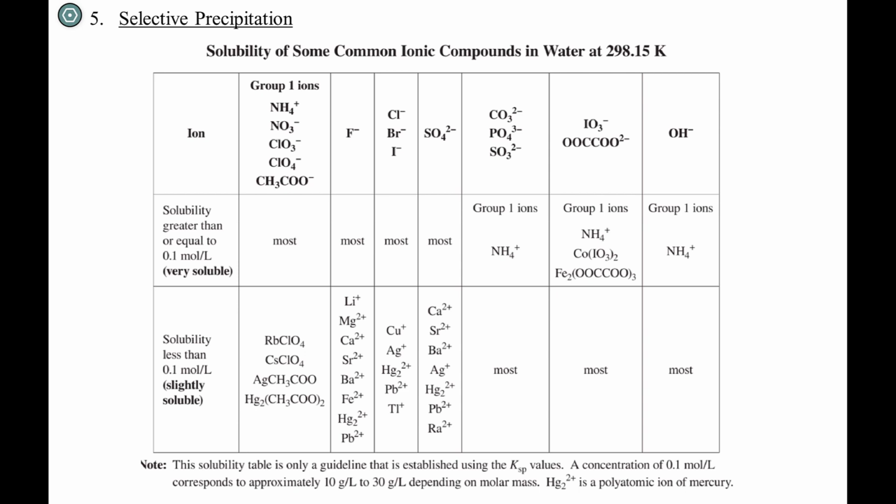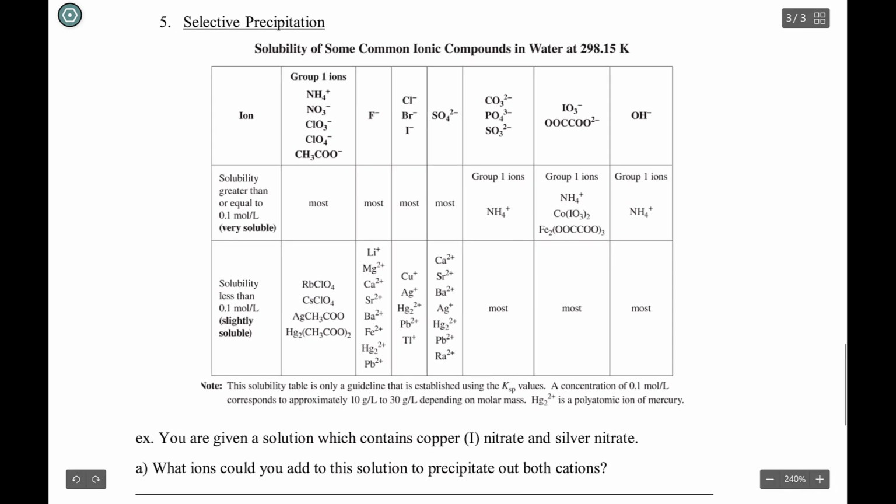So I have a solubility table here. I'm just going to do some simple precipitate questions first, and then we'll look at a more complex selective precipitation question, and I'll describe to you how it would be done in the lab. So let's say you are given a solution which contains copper 1 nitrate and silver nitrate.